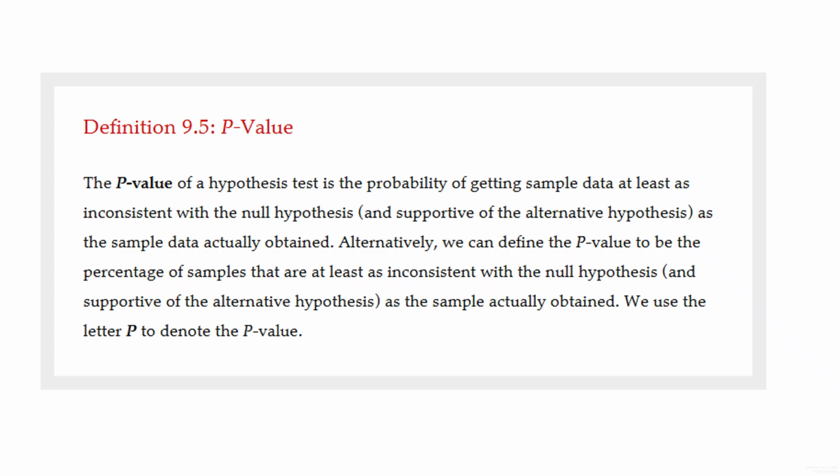And we use the letter P to denote p-value. Now, small p-values provide evidence against the null hypothesis. Larger p-values do not. So the smaller or closer to 0 the p-value is, the stronger the evidence against the null hypothesis, and so in favor of the alternative hypothesis.